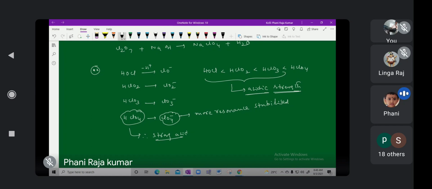All are monobasic acids, so here there is no question of removing a second or third proton. So HClO4 is strongly acidic among the oxoacids of chlorine because its anion is more resonance stabilized. If the anion is more resonance stabilized, then the corresponding acid is a strong acid.